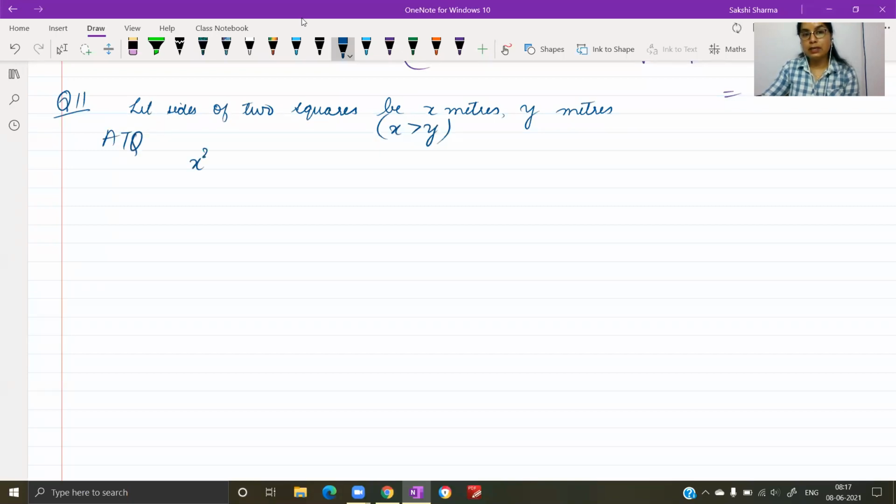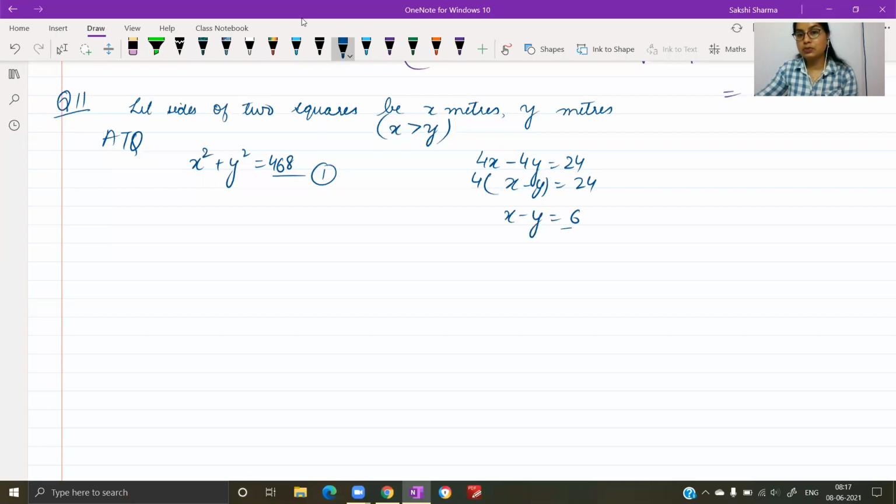The sum of the areas, side square of the first one plus side square of the second one, is 468. Then the difference of the perimeters is given as 24. This can be reduced to a simplified form, so you get x minus y equals 6. This will be your second equation.